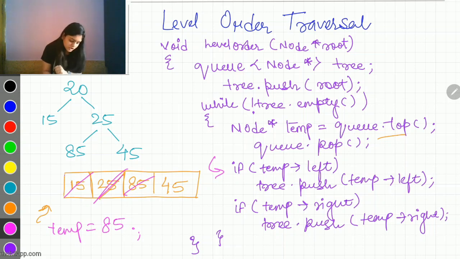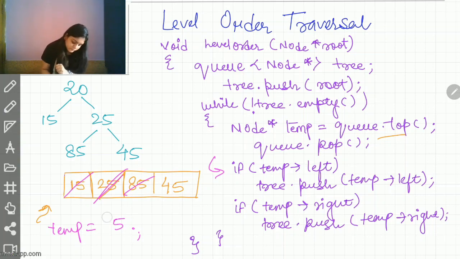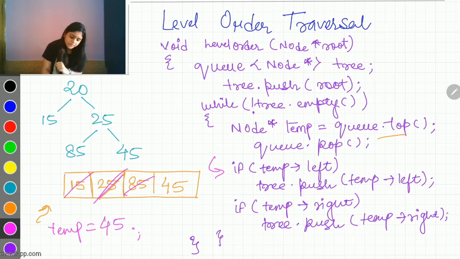In the next iteration my temp will be 45. We write 45 in temp, and in this iteration it is also popped out of the queue. Since there is nothing in the left and right of 45 as well, nothing will be pushed onto the queue, and the queue will be empty at this point of time. As my queue is empty, empty will return true and its negation becomes false.